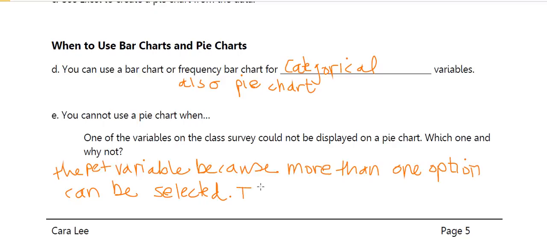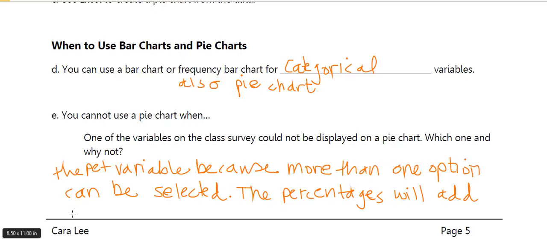Let's end that sentence. The percentages will add to more than 100%. Okay, great.